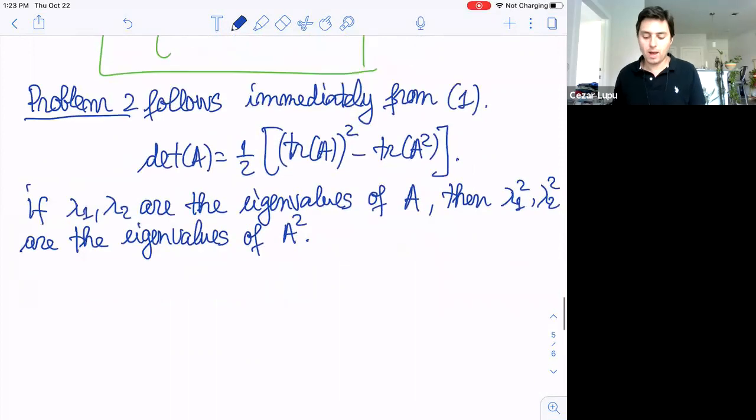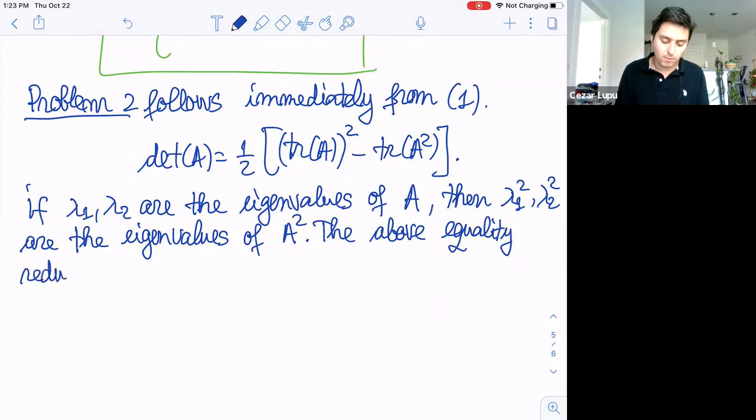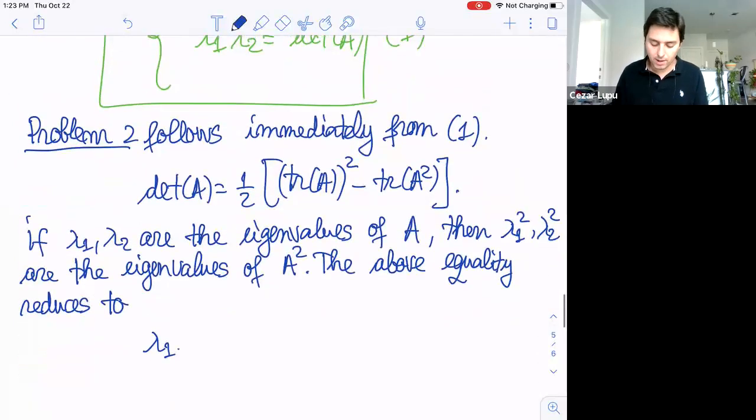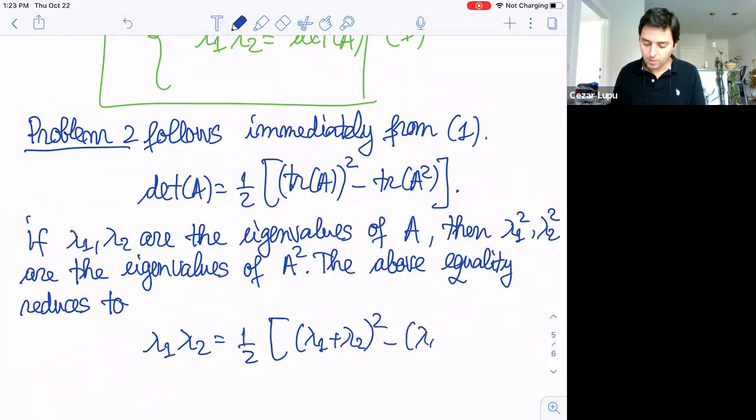So the above equality reduces to, we know that the determinant is the product of the eigenvalues, which is 1/2 times (lambda 1 plus lambda 2) squared, minus (lambda 1 squared plus lambda 2 squared).